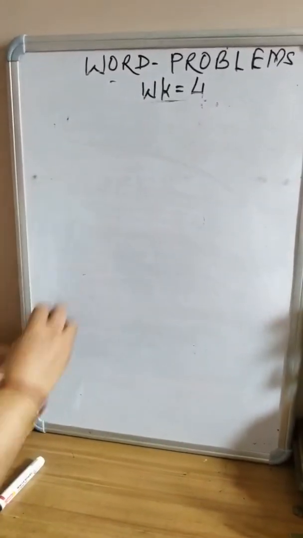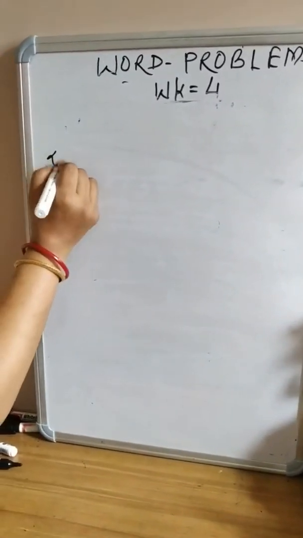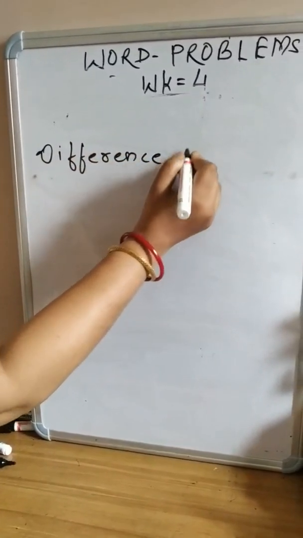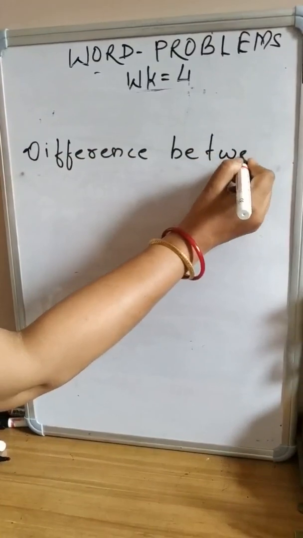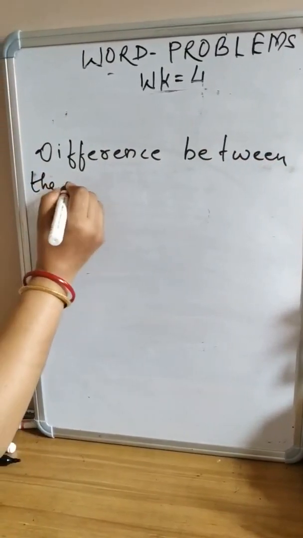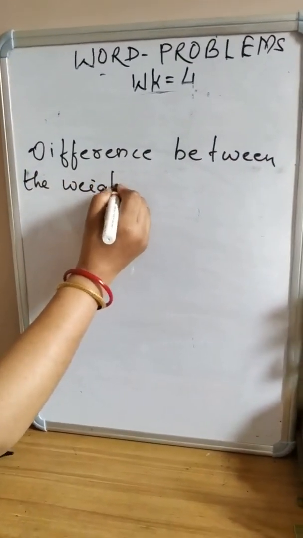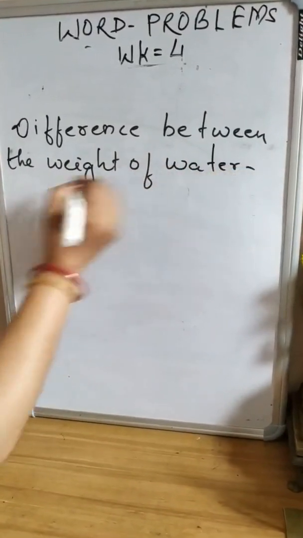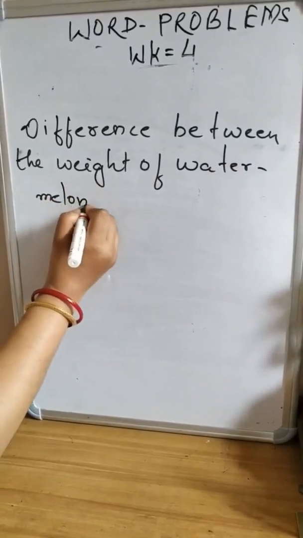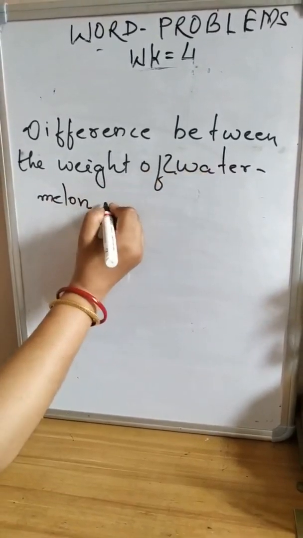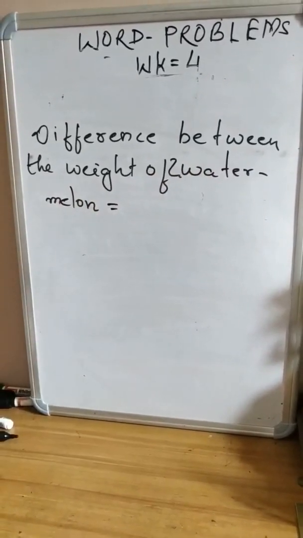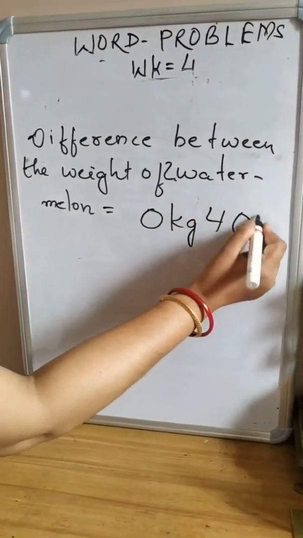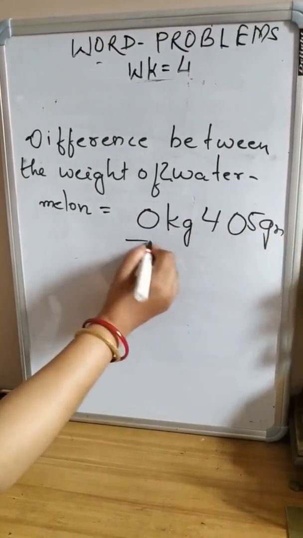So the difference between the weight of the 2 watermelons is 0 kilogram and 405 gram. So this is the answer.